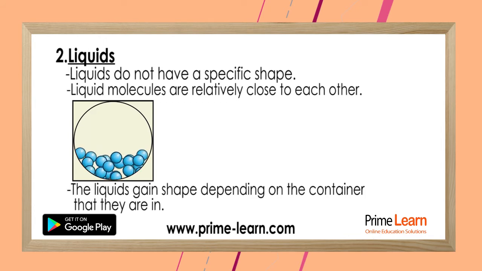There are some spaces under this state of the liquids between the molecules. This liquid state, they get the shape depending on the container that they are in. In case they are in a container which is in the square form, when they settle down, they will be in square form, depending on the size and the shape of the container.